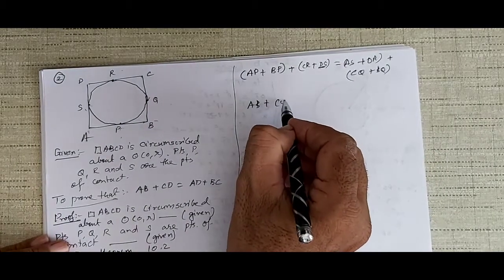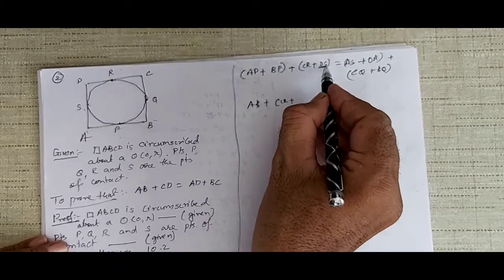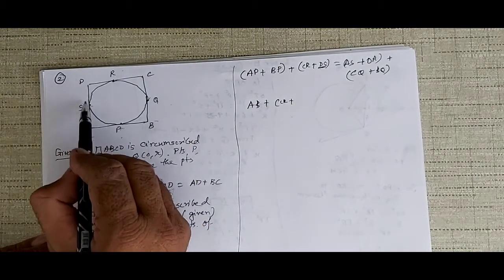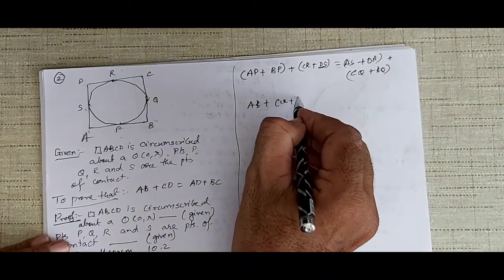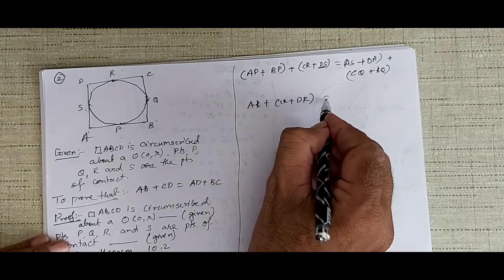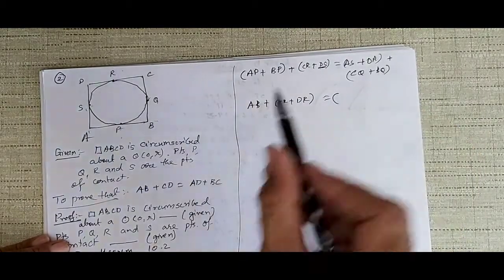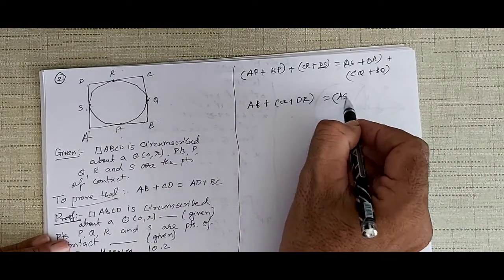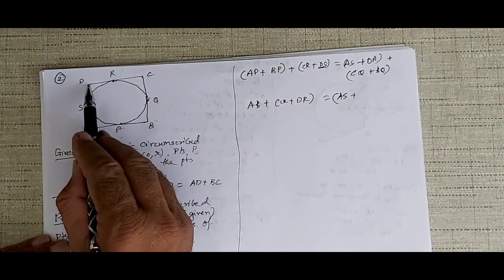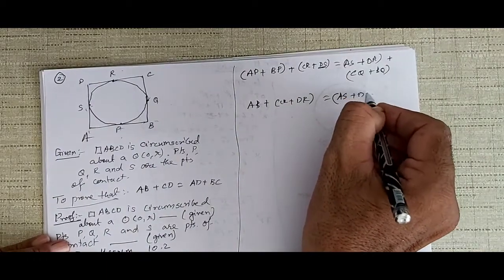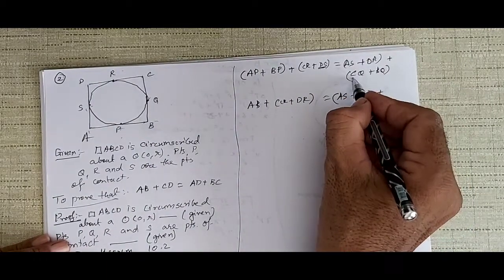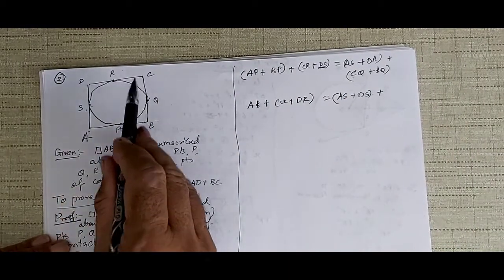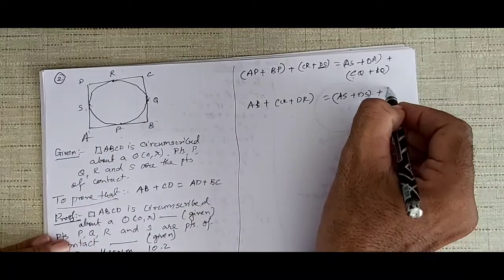So I can write CR plus DR, instead of DS, is equal to AS plus DR. In place of DR I can write DS. And CQ plus BQ, keep it as it is.